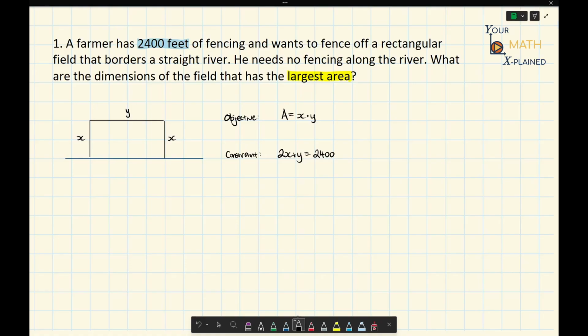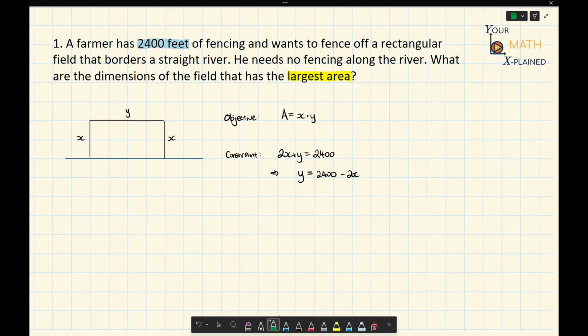So now we have set our two equations. And the next step is to use the constraint equation to rewrite the objective equation so that we only have one variable. And to do that, we can go ahead and isolate either x or y from our constraint equation. And here it would be easier to isolate y, so we're going to get y is equal to 2,400 minus 2x.